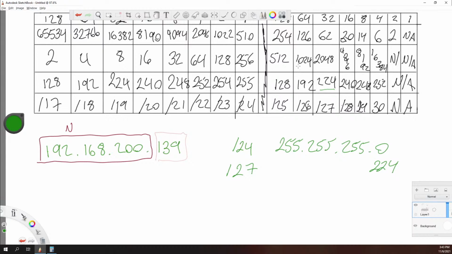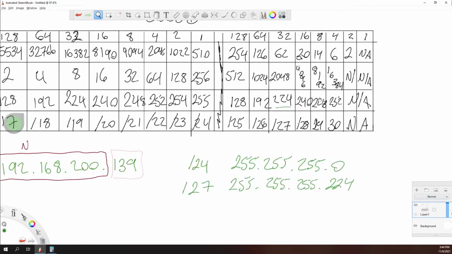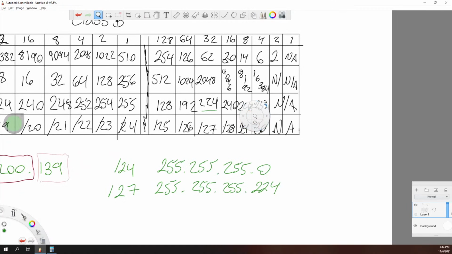So 255.255.255.224/27. So what do we know about a /27? Well, we have a few things, and that's the best way to approach this, especially if you're new at this whole grand scheme of things. We look at a /27, means we're borrowing 3 bits. So we have 3 bits for our subnet.